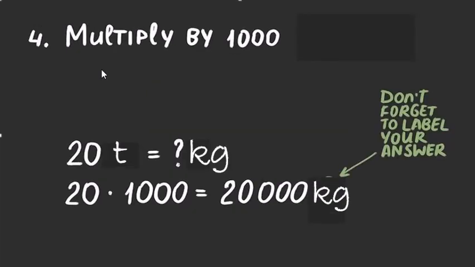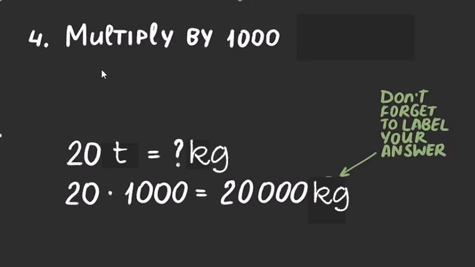Then let's see how to convert tons into kilograms. So to get back to kilograms, multiply by 1000. As discussed above, a ton is 1000 kilograms. This means that if you ever want to get back to kilograms from tons, all you need to do is multiply the number of tons by 1000.